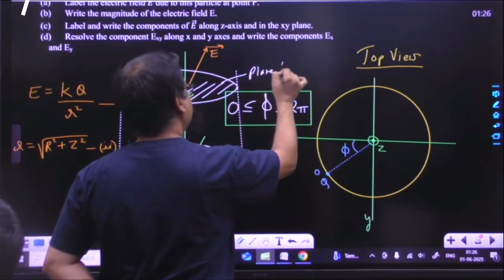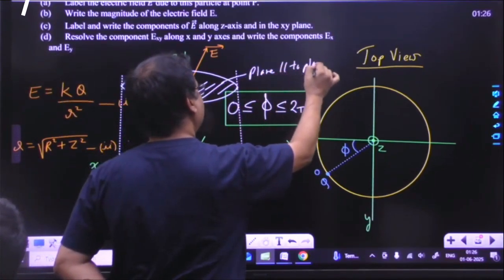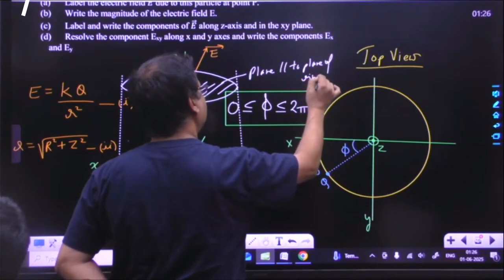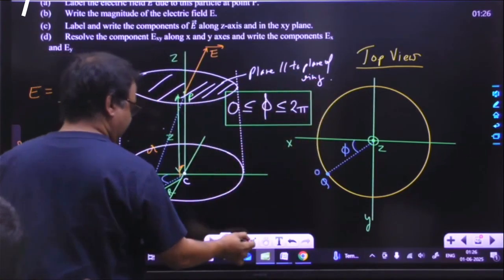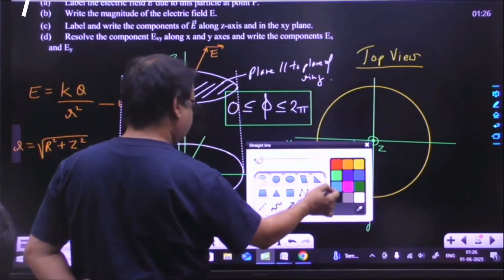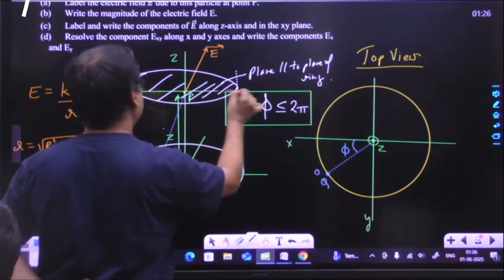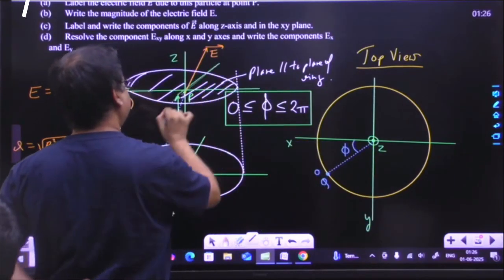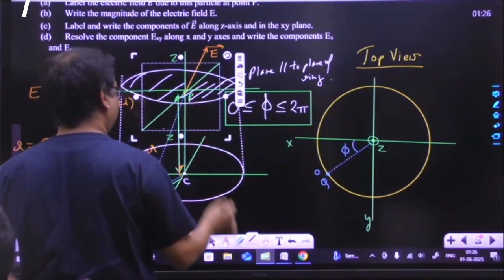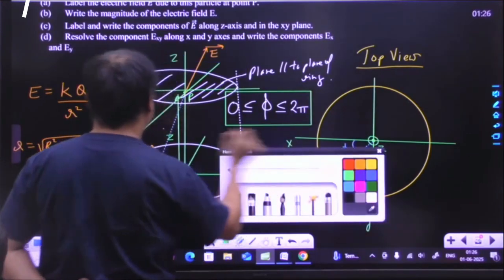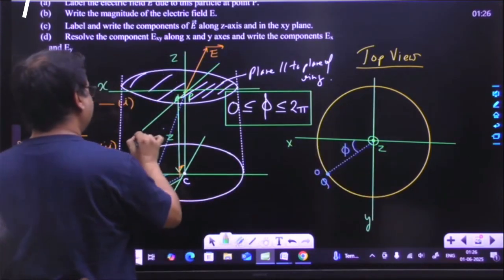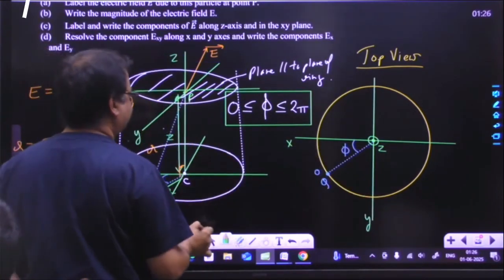And I can duplicate the axes too. So this will be your x-axis and this will be your y-axis, correct? X-axis is parallel to the initial x-axis, y is parallel to the initial y-axis.